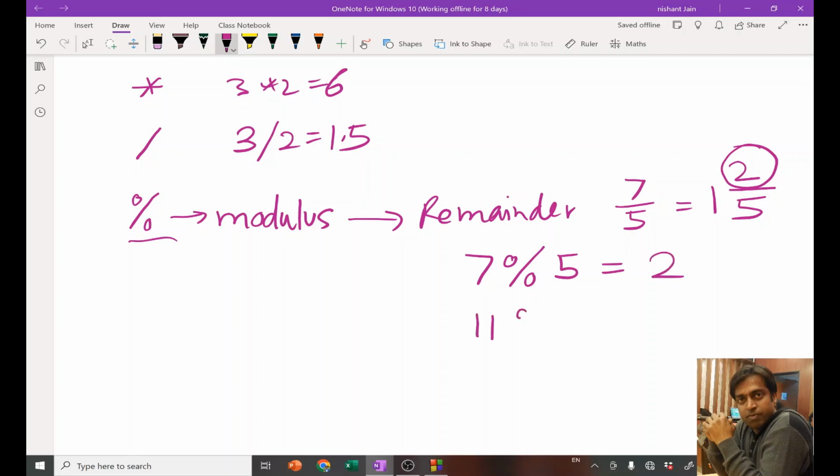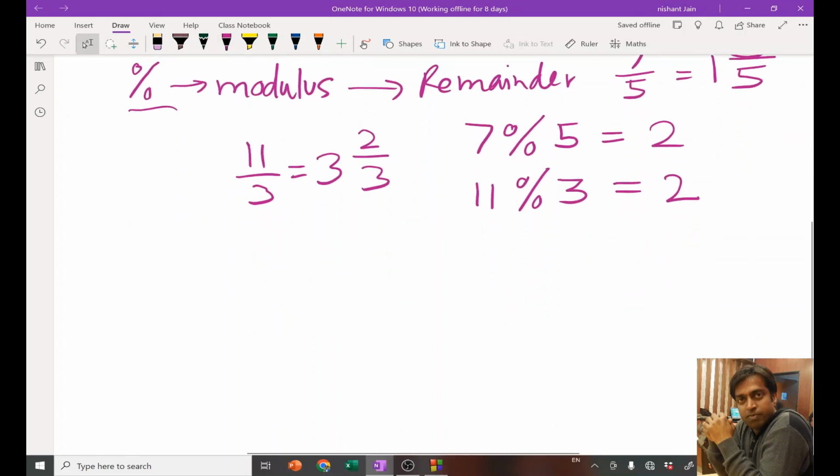Similarly, suppose 11 % 3. Now 11 divided by 3, 3 will divide into 11 completely 3 times, whereas 2 will be the remainder. So the answer will be 2.